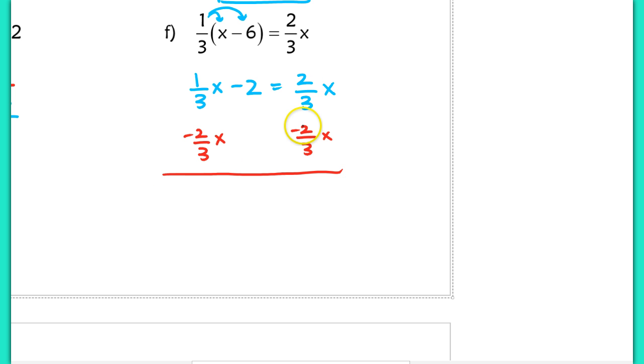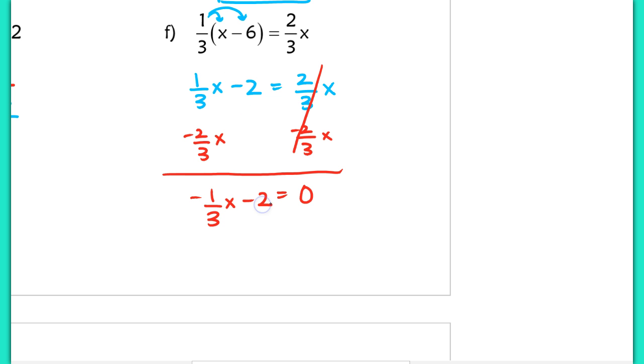What would 2/3 x minus 2/3 x give me? If you're saying 0, you're absolutely correct. You need to make sure you put a number here. So we usually just cancel it out. We don't show the plus 0, but in this case we want to show that because otherwise we have nothing on the right hand side. So I'm going to put the 0 here. Then on the left hand side, 1/3 minus 2/3 x gives me negative 1/3 x. Then I have this minus 2 here.